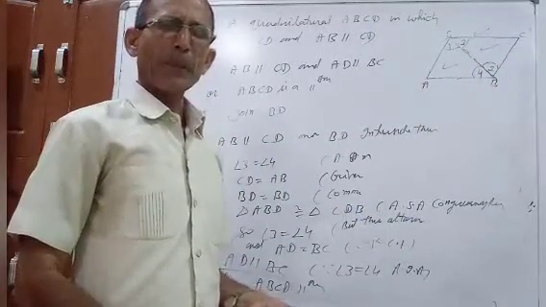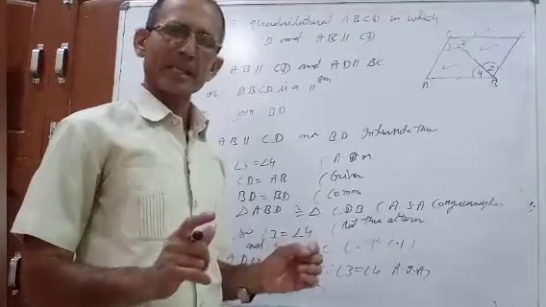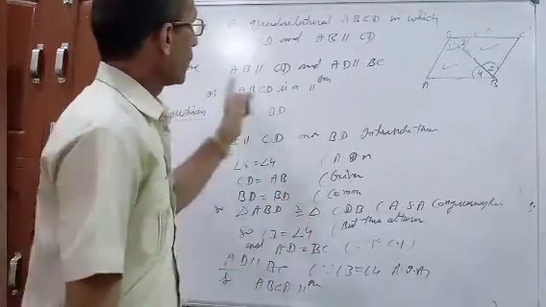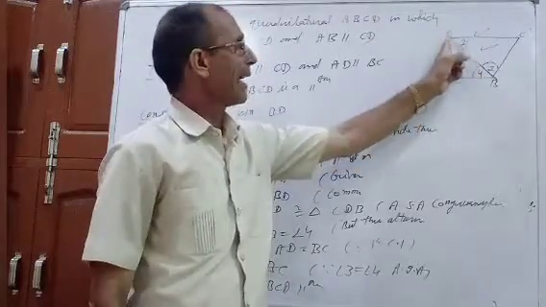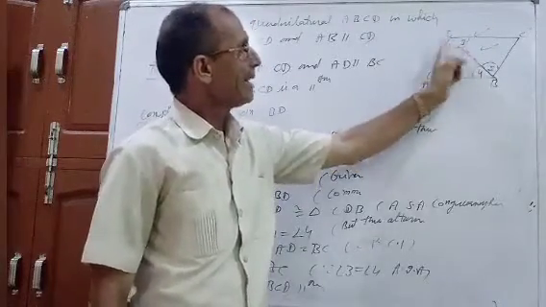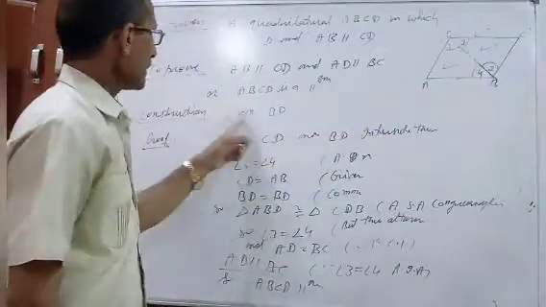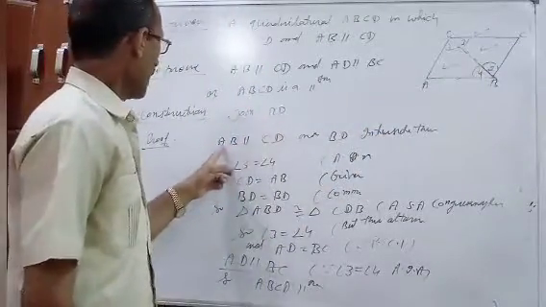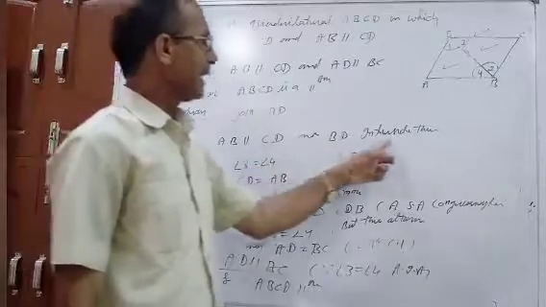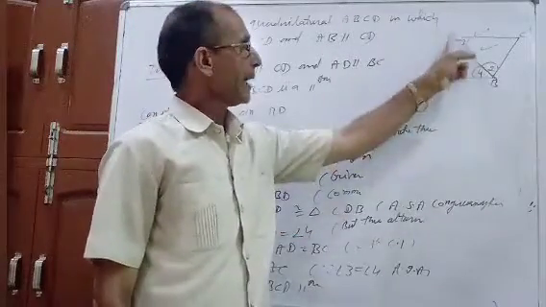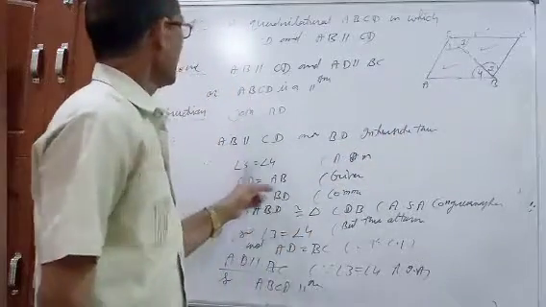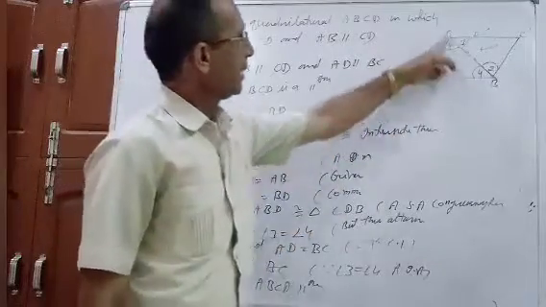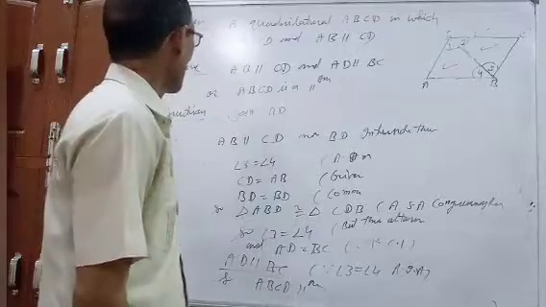For proving a parallelogram, opposite sides must be parallel. So for this proof I need a construction. I constructed BD. Now AB parallel CD and BD intersects them, so angle 3 is equal to angle 4.